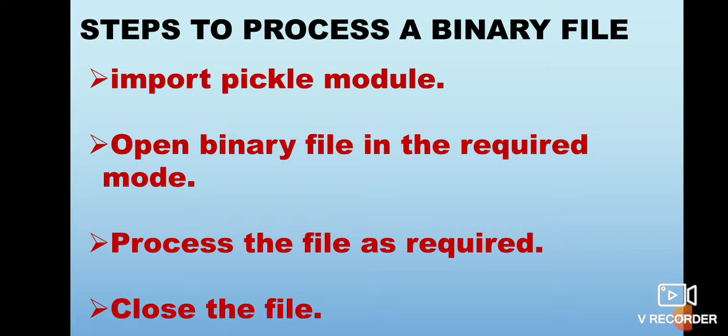So you have to make sure that you open the file in the required mode. Then next is to process the file as required. This means that whatever kind of operation you want to perform on the file, you have to write after opening the file.